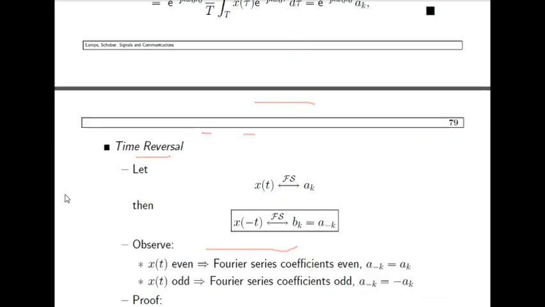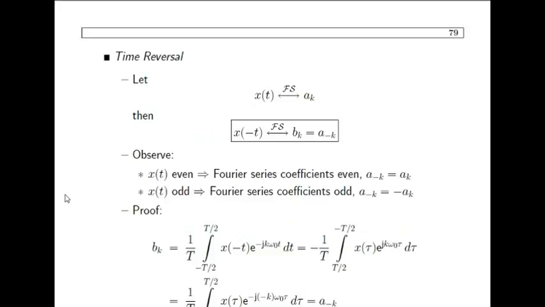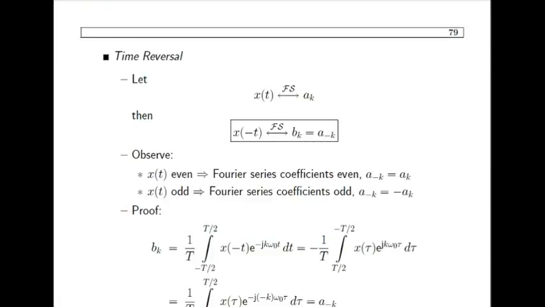Now let's see the third property, which is the time reversal property. In the time reversal property, we replace the independent variable t with minus t. We are considering x(t) has Fourier series coefficients a_k, then x(minus t), which has Fourier series coefficients b_k, will be equal to a of minus k.